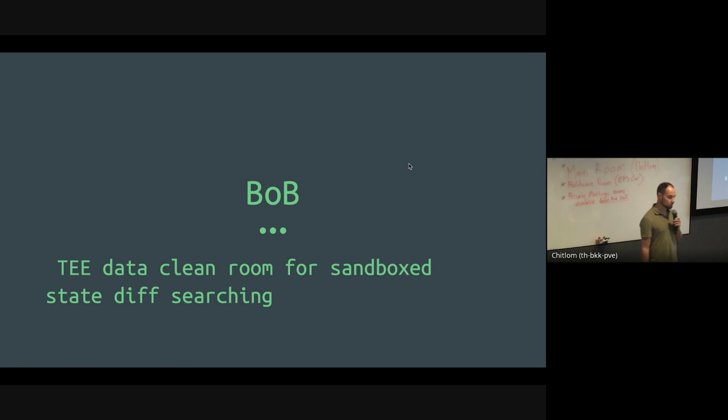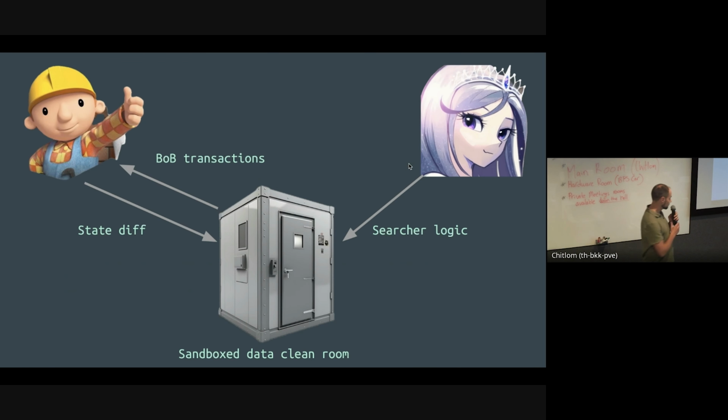We're going to present BoB, and it's basically going to use a TEE data clean room for sandboxed state diff searching. Very simple, actually. You have two users. One is the block builder, one is the searcher, and they are collaborating in a clean data room, which is also sandboxed.